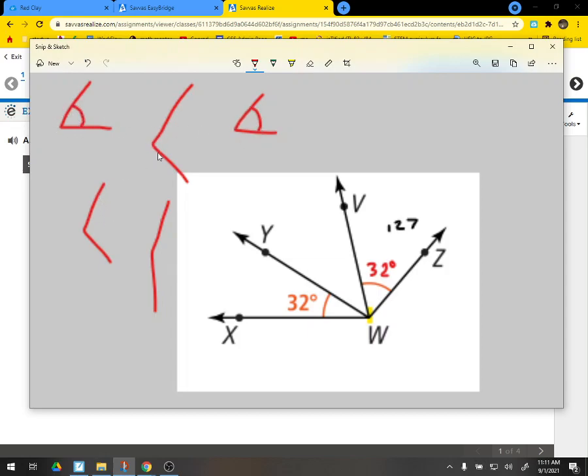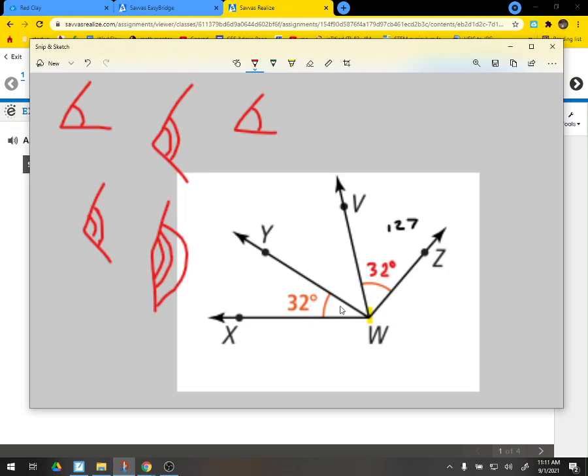Let's say that these two have the same measurement, but it's different than that first one. I wouldn't use the same marker, I would use 2 lines. So in the same diagram, I can show these two are the same and these two are the same. And then we got a third one that's just different, so we'll use 3 lines for that, or three curves for it. Ooh, it's a rainbow.